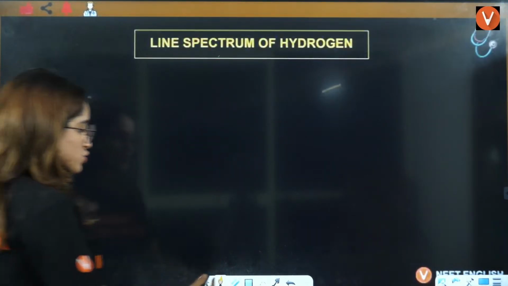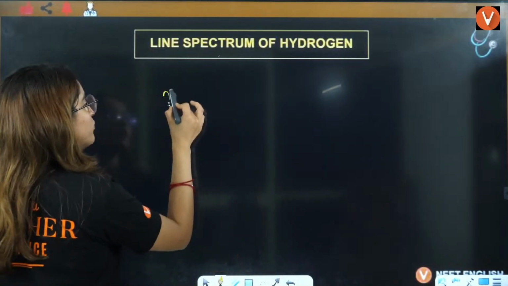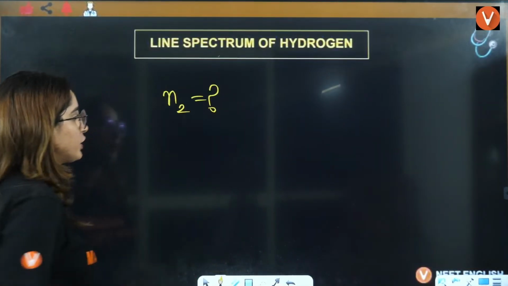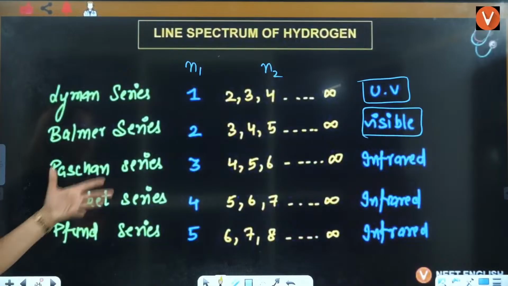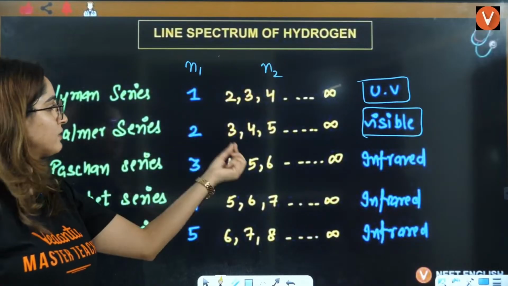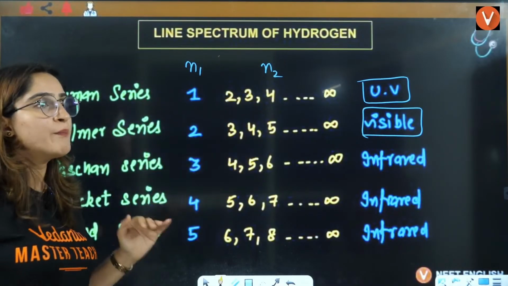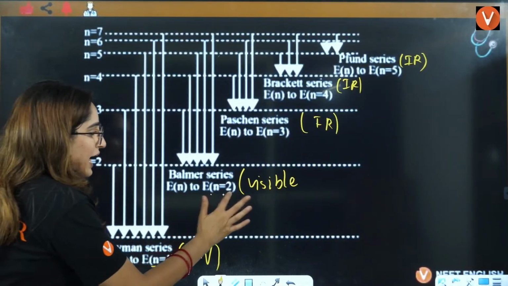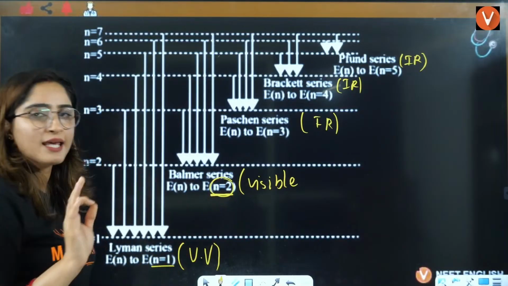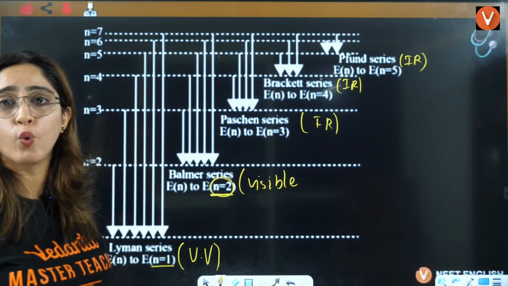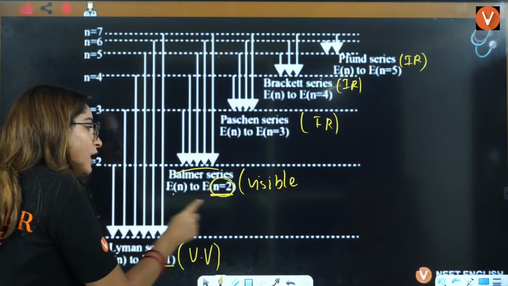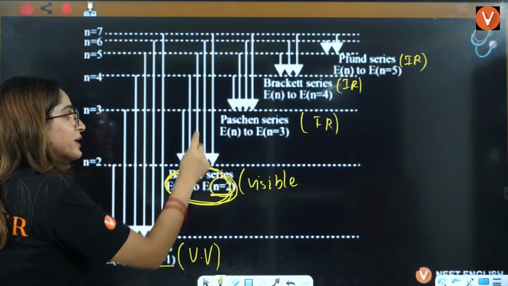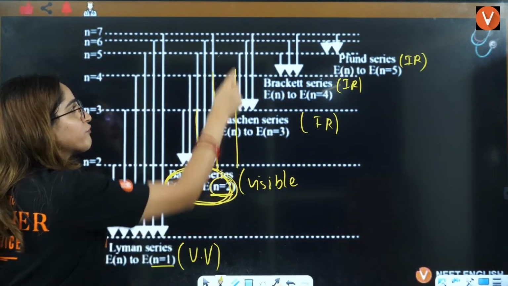Now, let's talk about what about N2. I told you that N2 can be anything: 2, 3, 4, infinity; 3, 4, 5, infinity; 4, 5. For Balmer series, why can N2 not be 2? Because it is coming towards 2. So it can be 3 or 4 or 5 or 6.